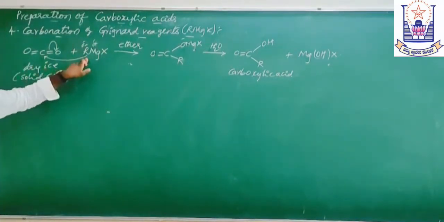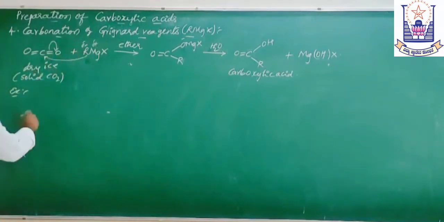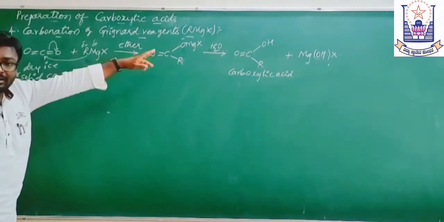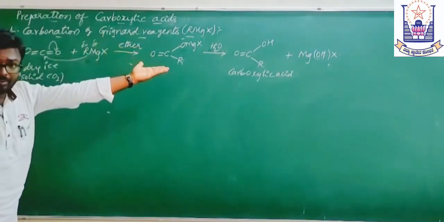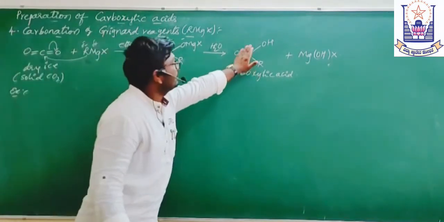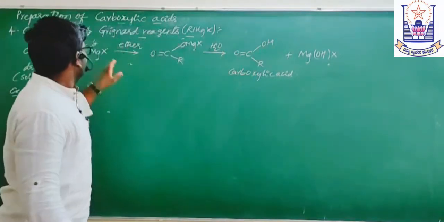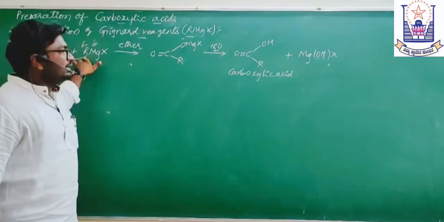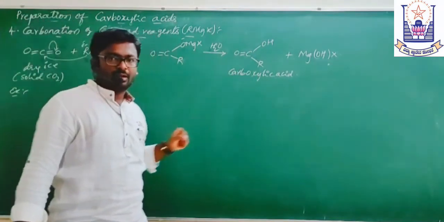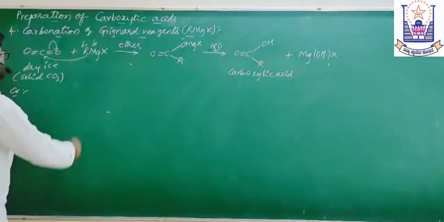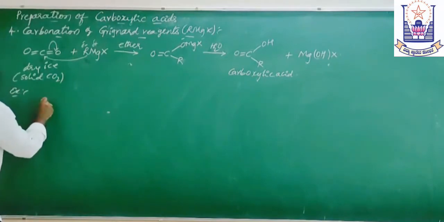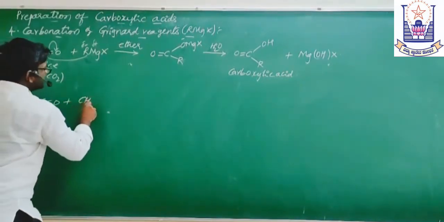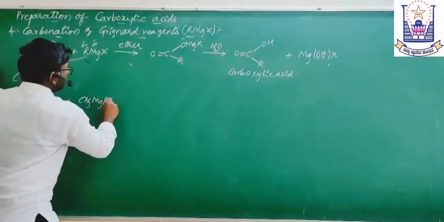If R is a CH3 group, then the carboxylic acid would be CH3COOH, that is acetic acid. If this is a phenyl group, then benzoic acid will be the compound. I will show you that. Take the Grignard reagent and carbon dioxide, for example CH3MgBr.